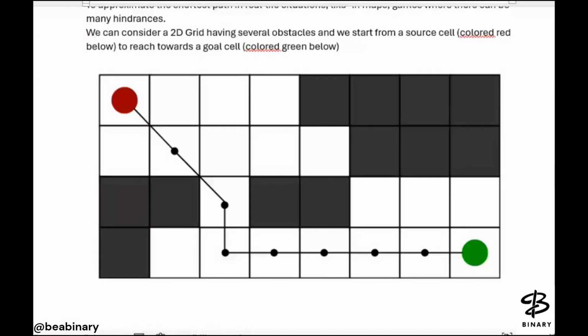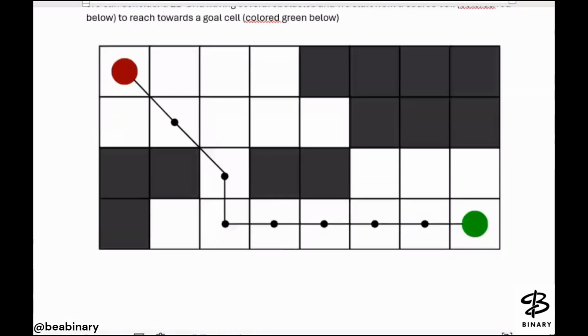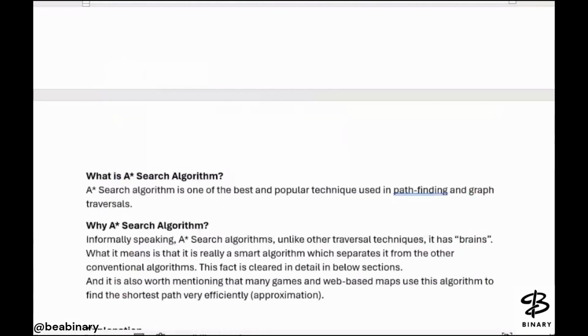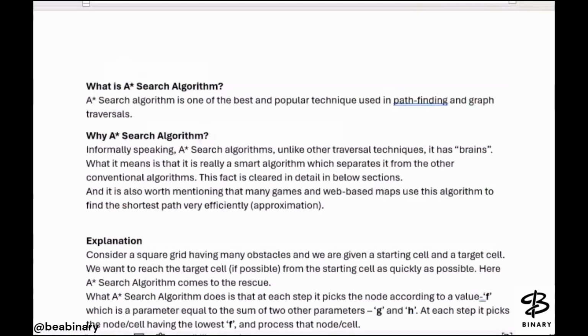So how does it work? Let's discuss. We know the goal state. So what is the A* search algorithm? It is one of the best and most popular techniques used in pathfinding and graph traversal. Why do we use the A* search algorithm? Informally speaking, unlike the other traversal techniques, it has a brain.